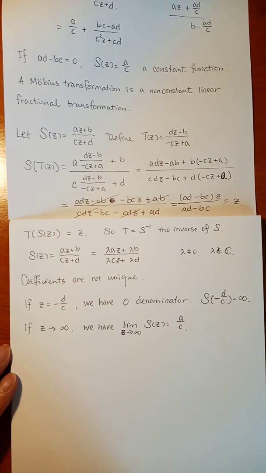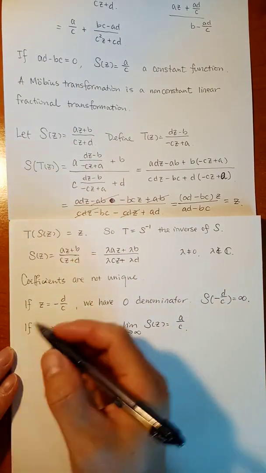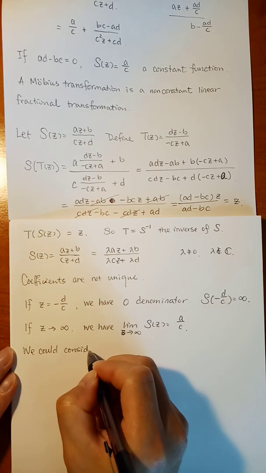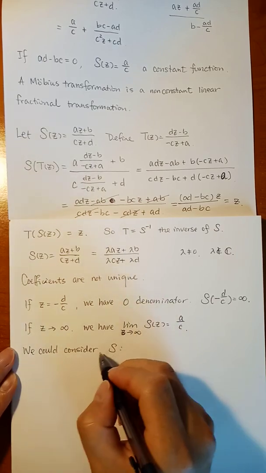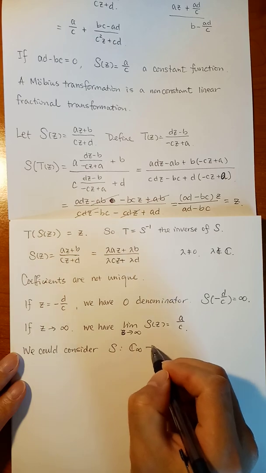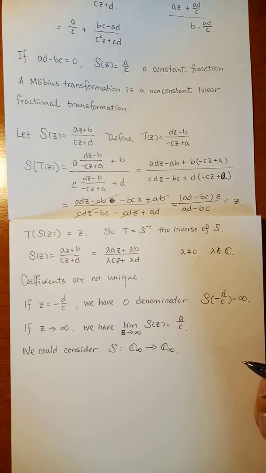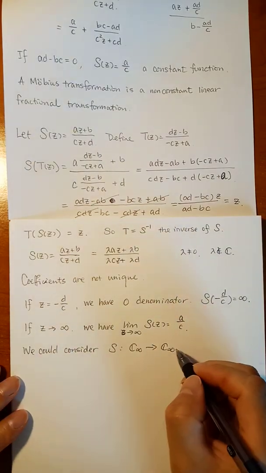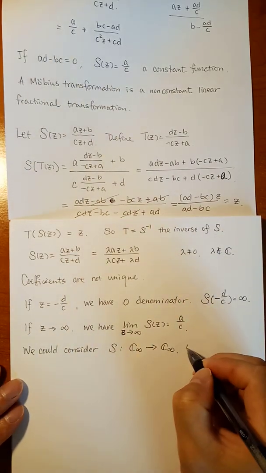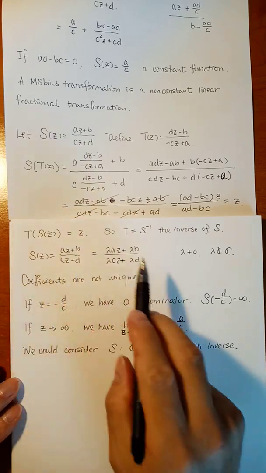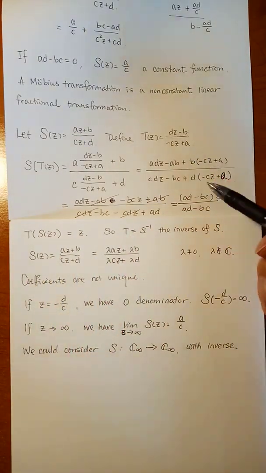All right, so these two observations imply that we could consider this Mobius transformation as a map from C infinity to C infinity, with an inverse. The inverse is already given: T is dz minus b over cz minus a.